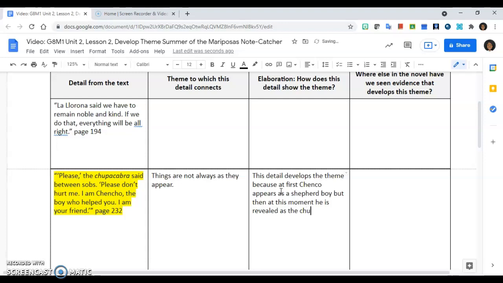And this chupacabra is not the nicest thing ever. It's a little demonic. It tries to bite Peter, right? Or it does, actually.